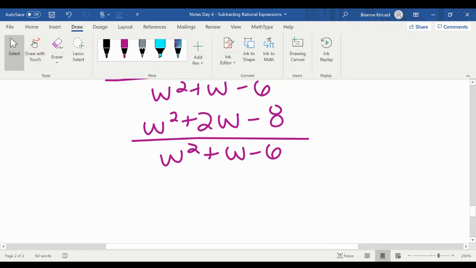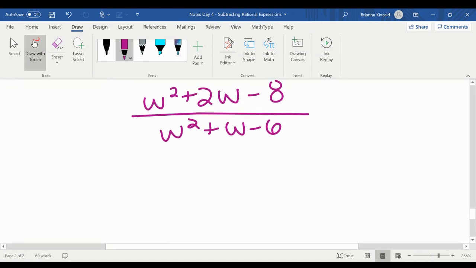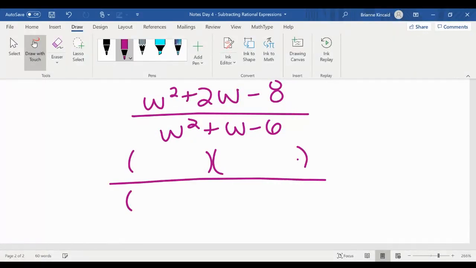Now, as a single fraction, we can factor. Both times it's going to be trinomials, so we're factoring into binomials. Since w squared is the first term in both of them, we know every parenthesis is going to have a w at the beginning. Numbers that multiply to negative 8 and add to positive 2, that's positive 4 and negative 2.